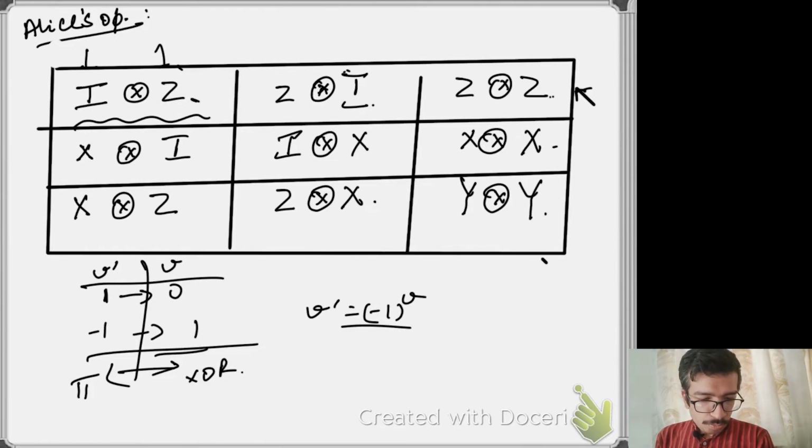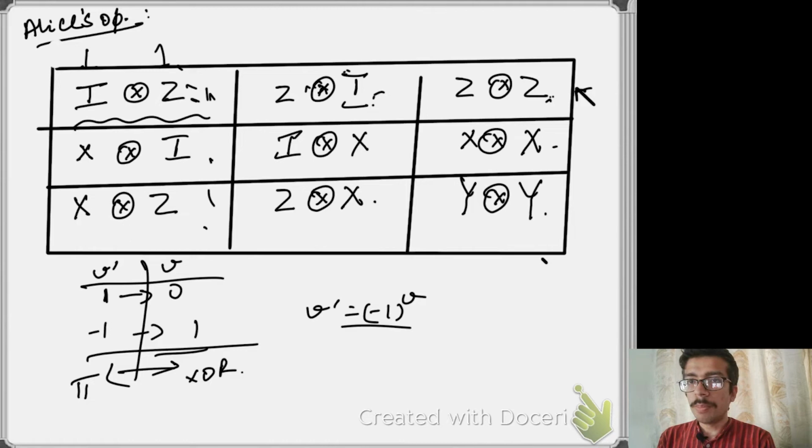Given the first row, she'll make the measurements associated with the operators in the first row and give their corresponding outputs. Given the first column, she'll make the measurements associated with the operators in the first column, and so on. What is Bob going to do?